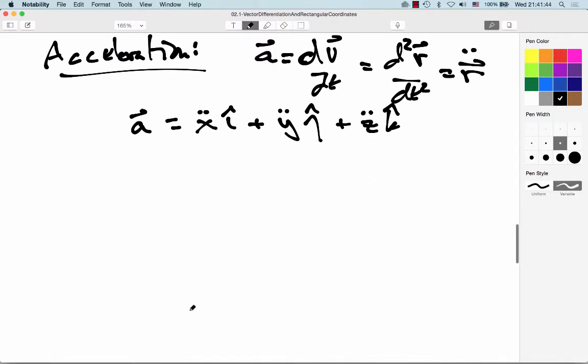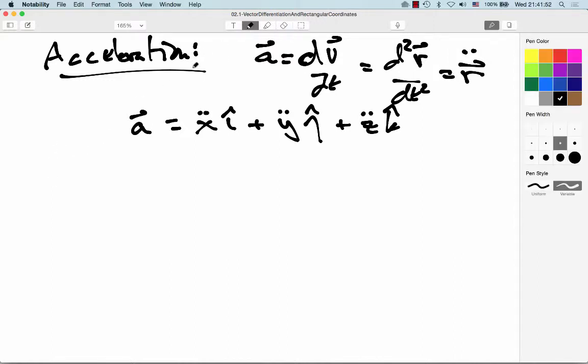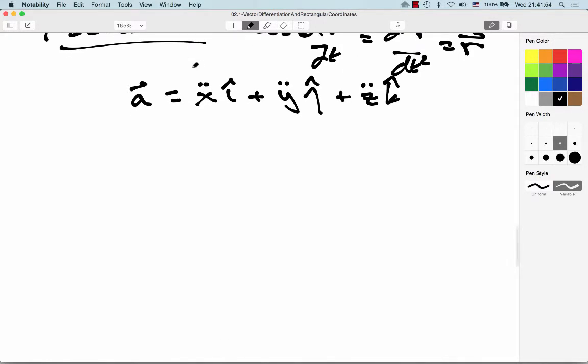Okay, I think now is as good a time as any to work an example. And one of the things that I always like doing whenever I learn anything new is I try to go back to some example that I understand really, really well. And so one of the things that I like to do a lot is to just throw a rock. So let's go take a look at a rock in free fall.